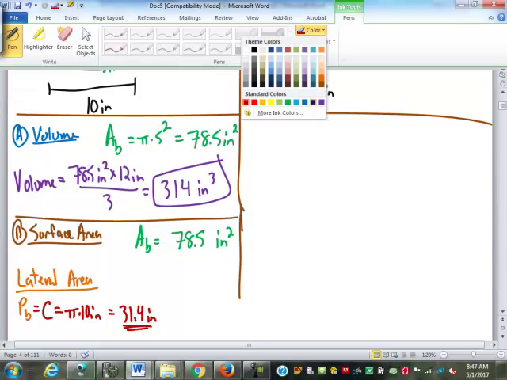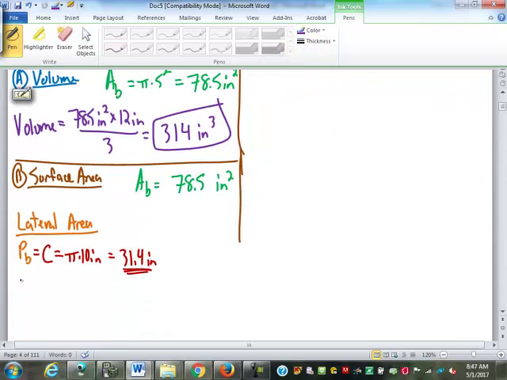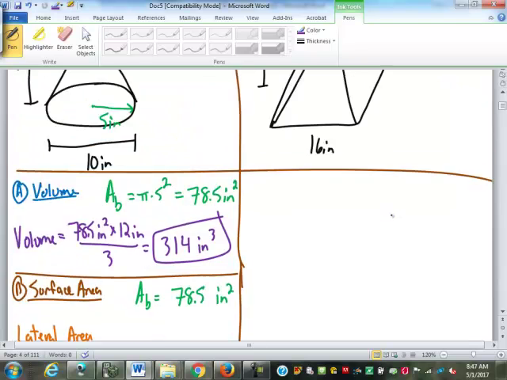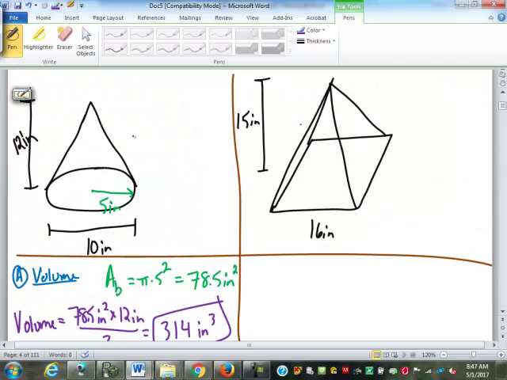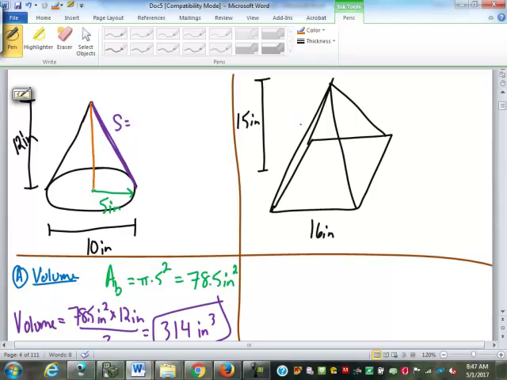The second thing I need to know that I didn't need to know before is something called the slant, which is capital S. The slant, remember, since these sides don't go straight up anymore, it's the length of the side here, the slant. To find that, I draw in this triangle here. I have the 5 for the radius, this is the height, and this is a right angle.